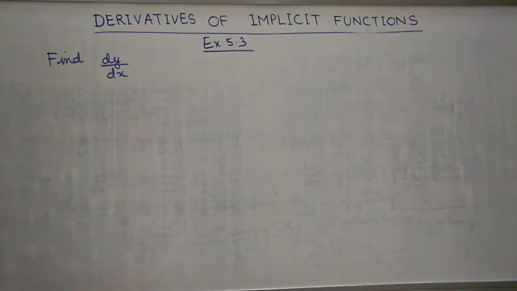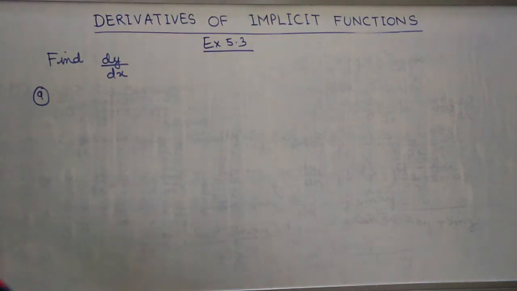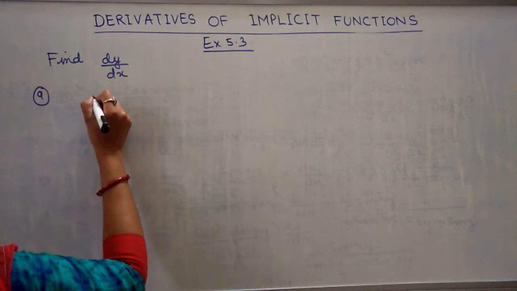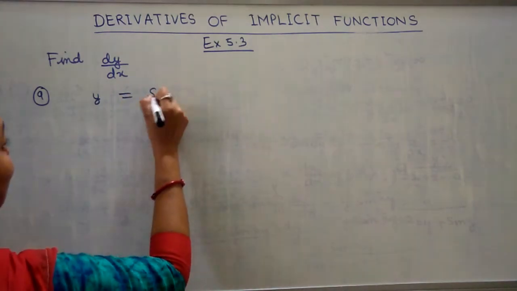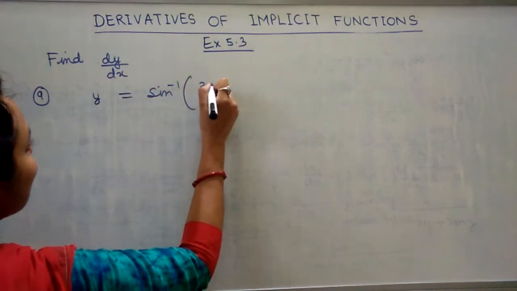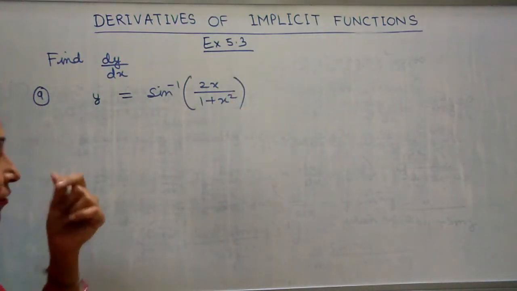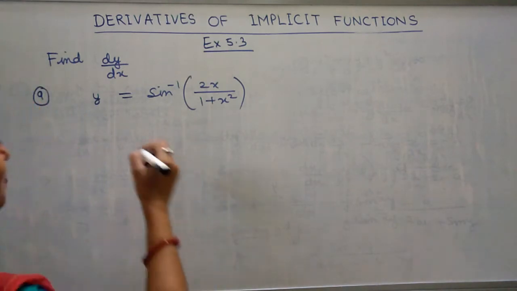The ninth question is given as: differentiate y is equals to sine inverse of 2x upon 1 plus x square. You all know the formula of this. I know this is 2 tan inverse x, but I substitute.